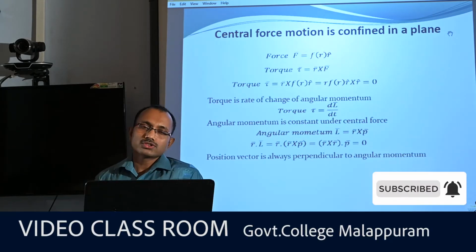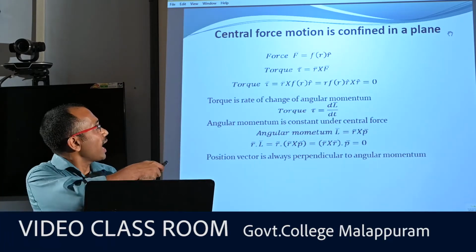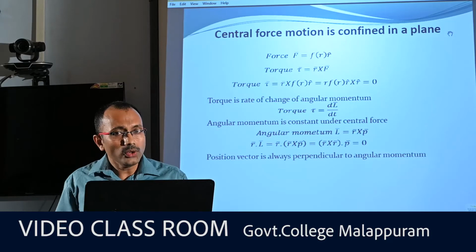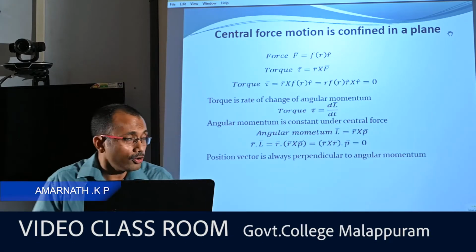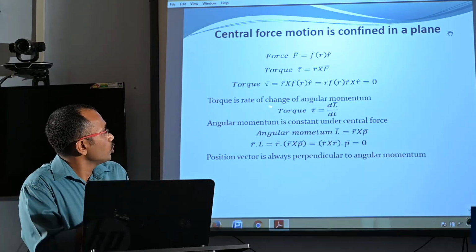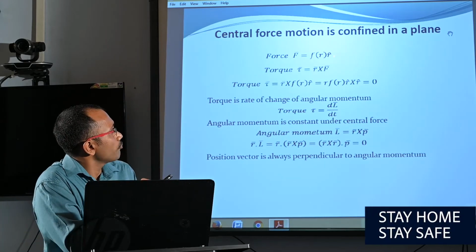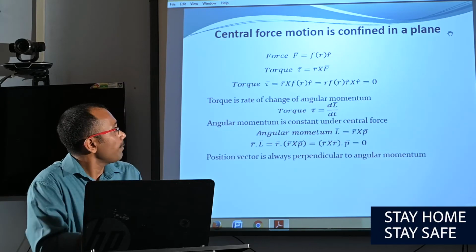You know what is force? In the case of central force, the force is equal to F(r) r cap, and you know what is torque? Torque is the rotational analog of force, which is the moment of force, equal to r cross F. So, we can find the torque. Torque is equal to r cross F, using the equation of central force, F(r) r cap.